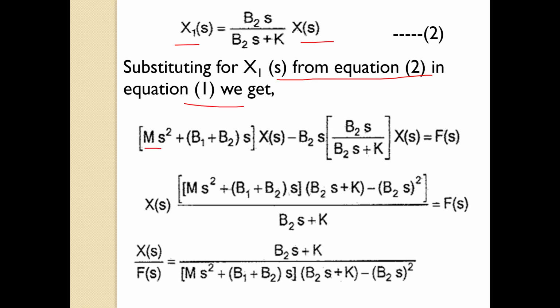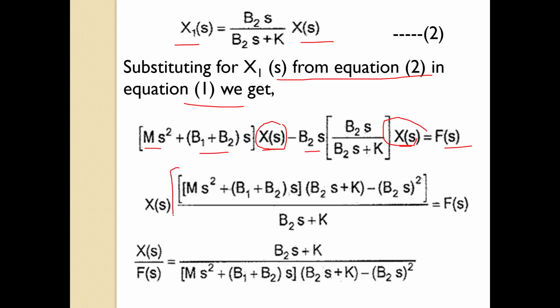m s square plus b1 plus b2 s, whole multiplied with X of s, minus b2 s into b2 s by b2 s plus k into X of s is equal to F of s. Okay, this is it. Now here once again just take X of s common, you will get the second equation.